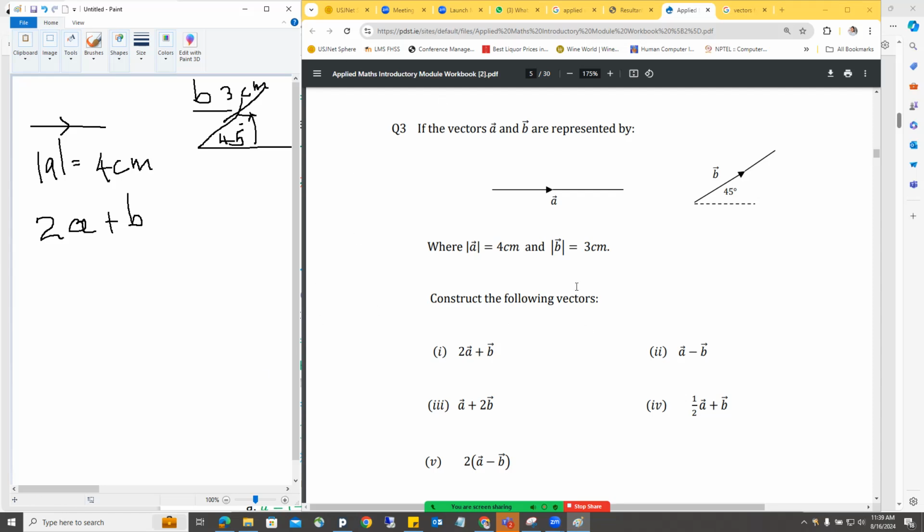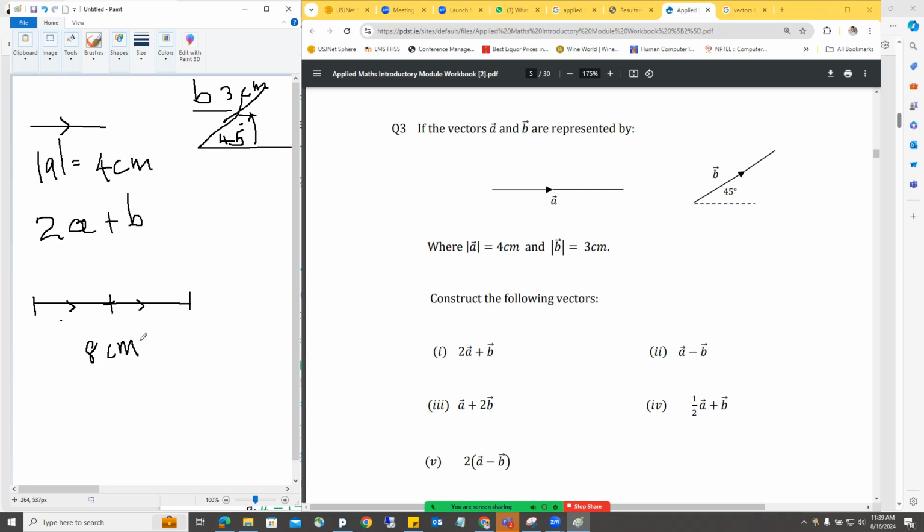You need to construct this one. First the vector, so draw a dot. Then 2a means, if I draw it roughly here, we need to draw two horizontal lines like this. All together, this should be 8 centimeters in length. This is 2a.